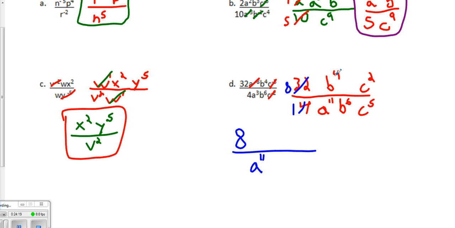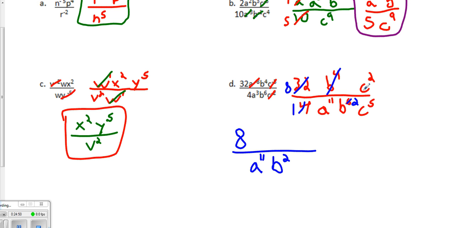We have 4 b's on top and 6 b's on bottom. So if we take out 4 from here, take out 4 from here, I don't think we've seen this before. We're actually canceling out the top ones and canceling out of the bottom ones. So we got rid of the b's on top. So now we would just have b squared on bottom. And that's okay. You can cancel out the ones on the bottom or the ones on top, as long as it's a positive exponent.